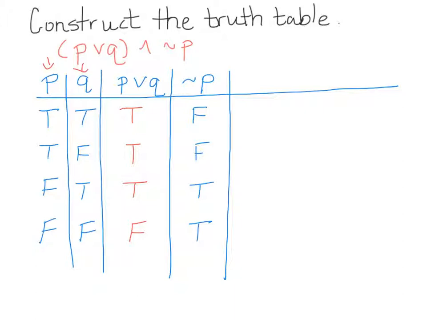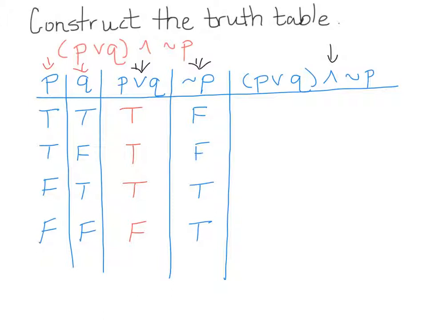Now we're ready to put it all together. P or Q and not P. All right, so the two columns that we're going to focus on are P or Q and not P. So our connective that we're really focusing on here is the and. Well, what do we know about and? We know that it is only true if both are true.